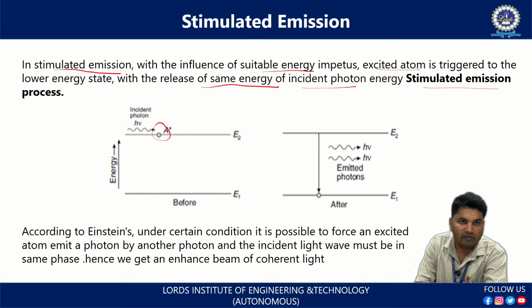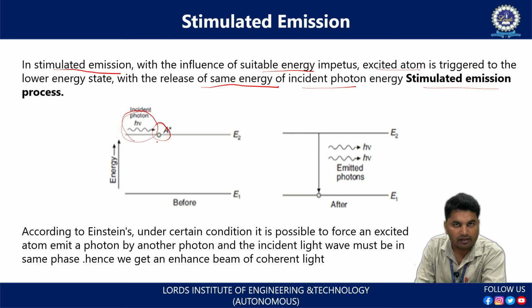In this scenario, we are giving an additional photon of energy. We are incidenting a photon of energy to the atom which is in higher energy state, because of which there is a stimulation process happening in the atom, and thereby the atom starts moving to ground state by emitting photons of energy. As a result, we'll be getting a radiation. If we see here, these two photon energies are maintaining zero or constant phase difference. That means they are coherent in nature.